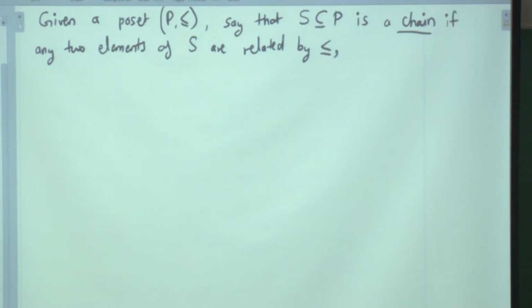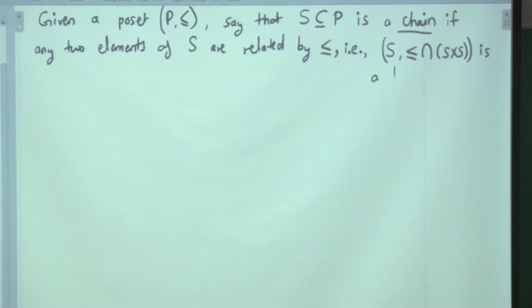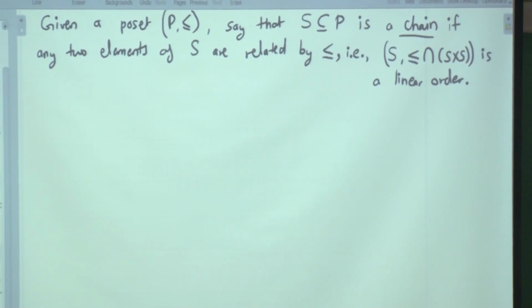In other words, (S, less equal intersection S cross S) is a linear order. So I restrict my order relation only to S. Then it is a linear order.